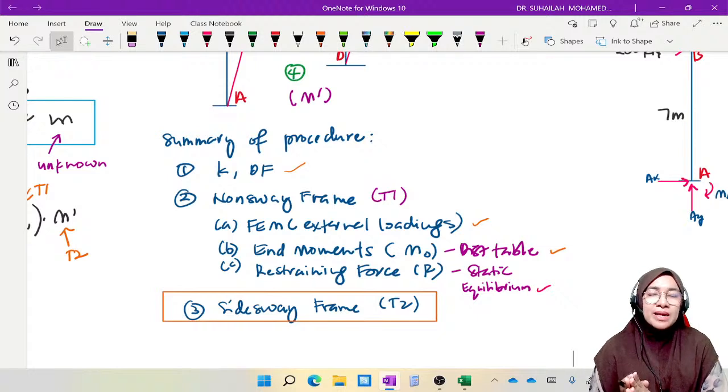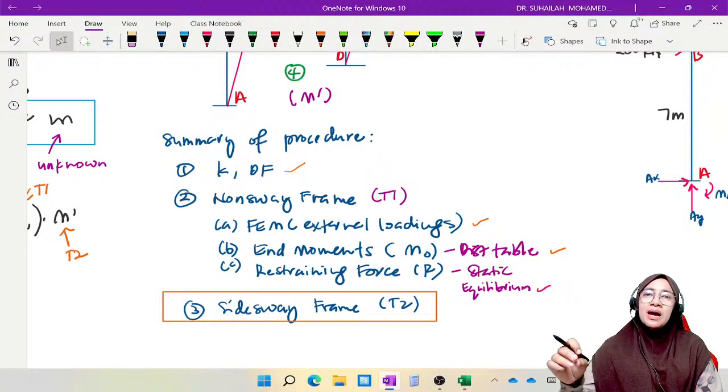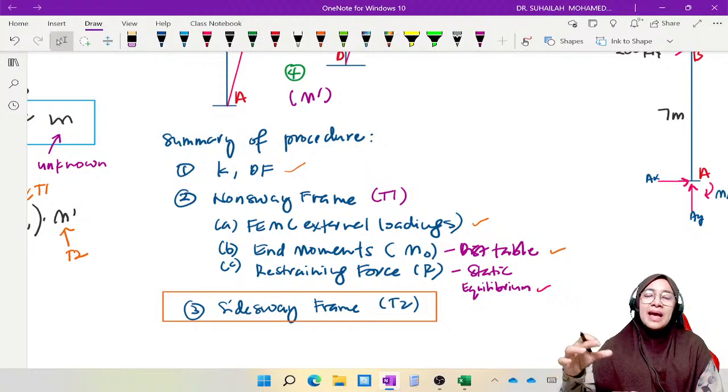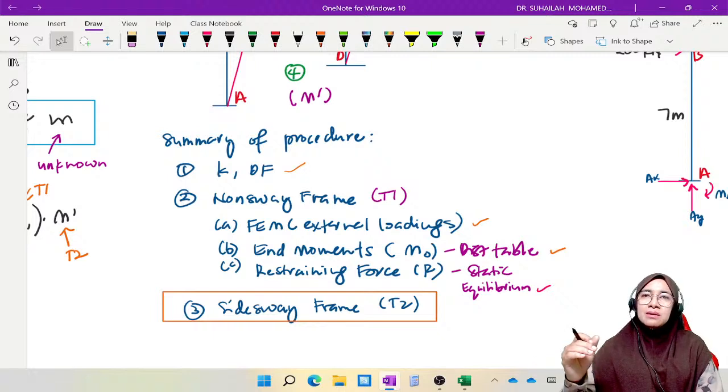Step number 1 I have explained in my previous video. Of course, in moment distribution method, everyone must understand K and F, because K, EI contribute to the stiffness value, and we calculate distribution factor using K. K is member stiffness, and the distribution factor we use to distribute moment.